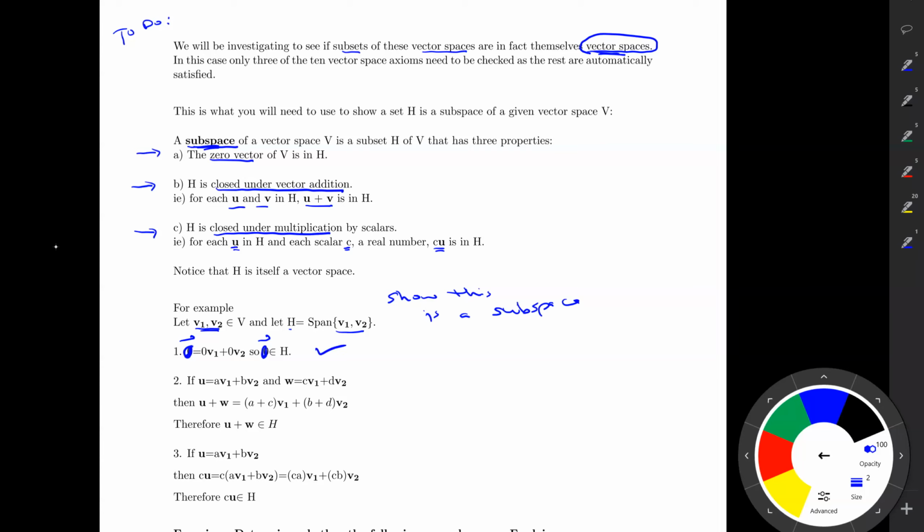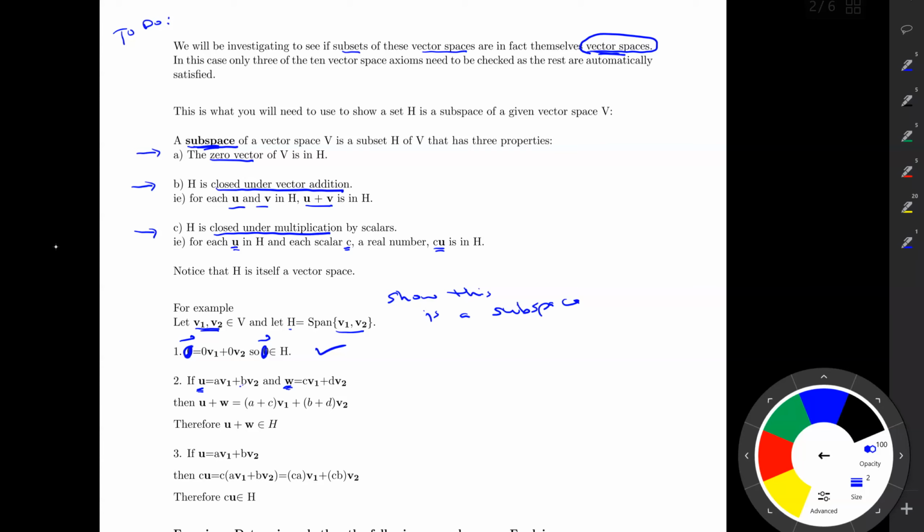Okay, number 2. Is it closed under addition? If I take 2 different vectors, u and w, and if this vector u is in H already, which they have to be, then that means there's 2 numbers in front of the v1 and v2. And if w is in H, that means there's got to be 2 numbers, c and d, in front of the 2 vectors.